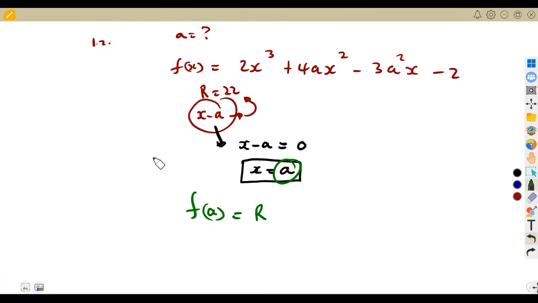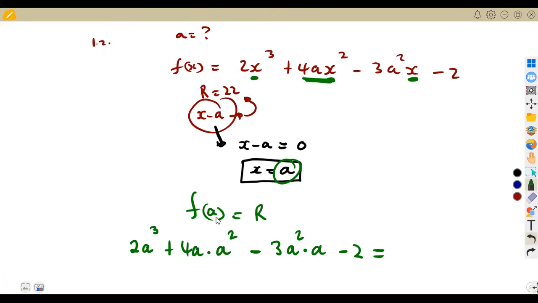All right, if we say f of a, it means wherever there is x, we substitute a. So this is going to be 2a to the exponent of 3, then plus 4a squared, that is x squared replaced with a to the exponent of 2, minus 3 times x, which is a, minus 2.